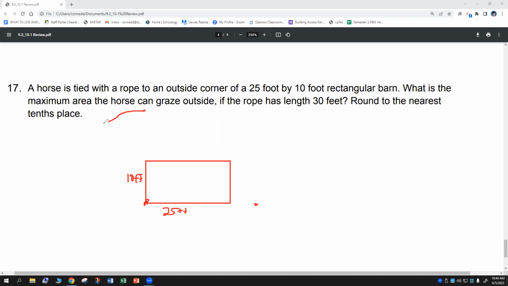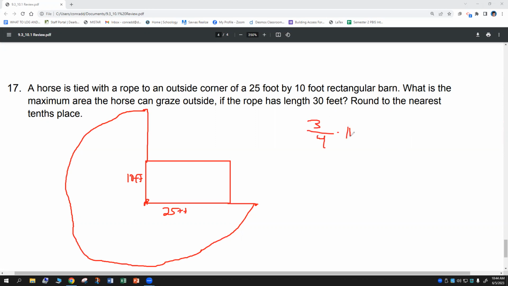And then you can imagine that circle. Not the best circle in the world, but there's half of it. I'm sorry, 3/4 of a circle. Right? So that's 3/4 times pi times the radius, which is 30 squared.